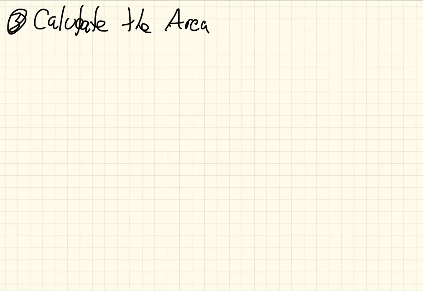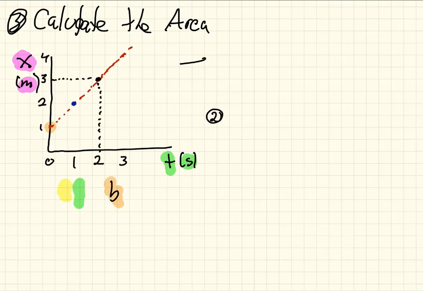Let me clear out some of this stuff. And now let's say I want to find the area underneath this graph. That's what I'm trying to do. So the first thing I need to do is pick the 2 points that I want to measure the area between.